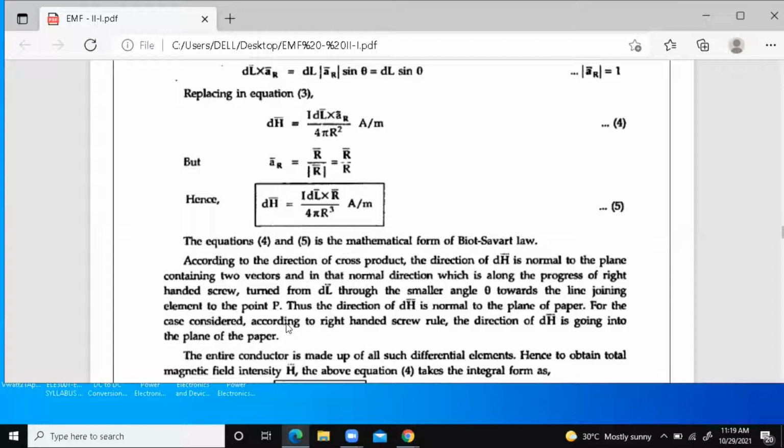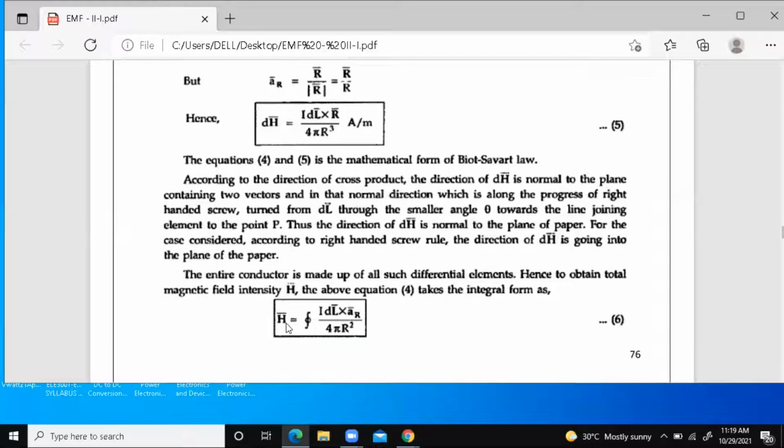That's a question. You could integrate both sides of the equation. We have to integrate this. So H, the magnetic field intensity, is the integral of this, which is the integral here.